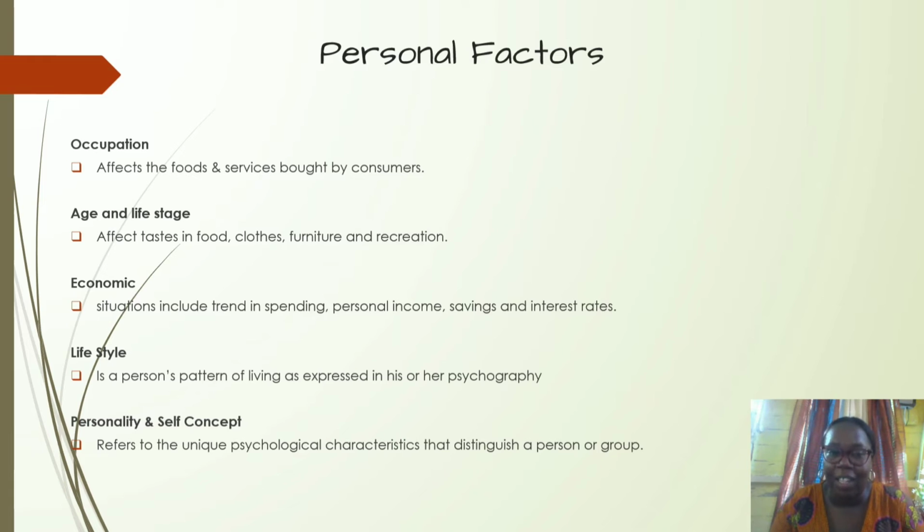Lifestyle is a person's pattern of living expressed in his or her psychographics. So when we speak of lifestyle, we might say that okay, my lifestyle is renting a car every week, going to the club, partying with my peers.